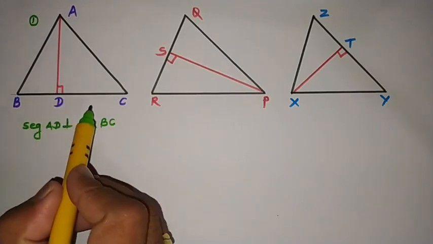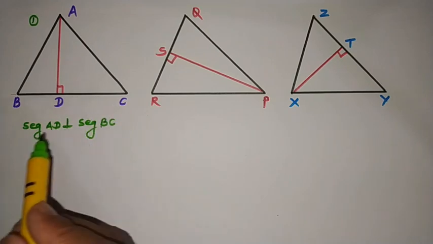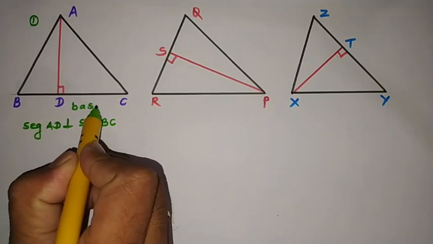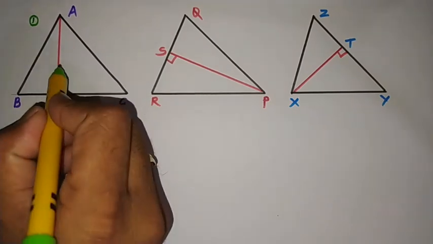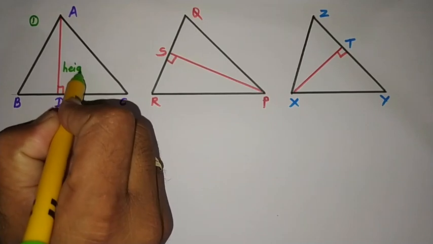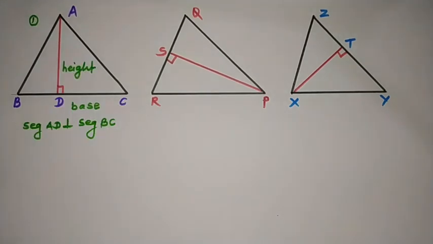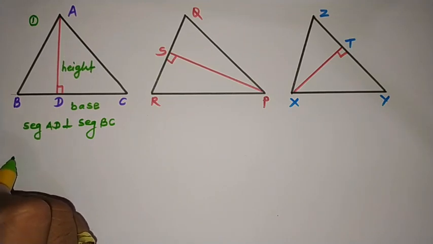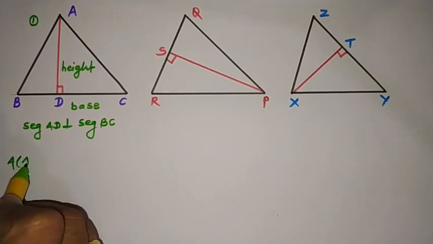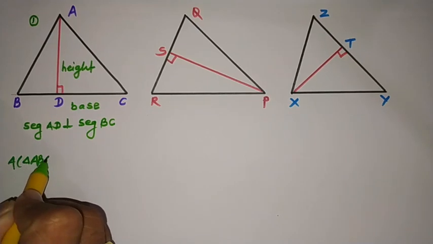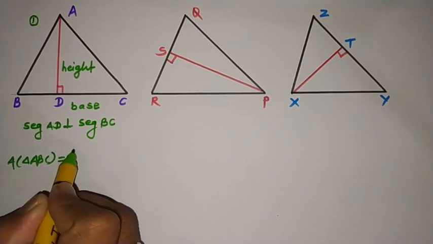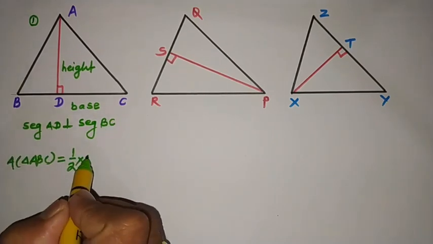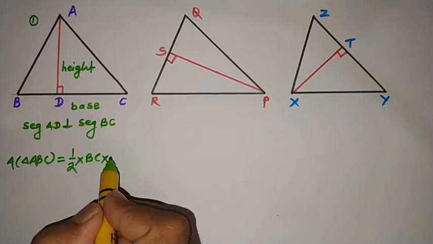Therefore segment BC is the base and the perpendicular segment AD is the height. Write down the area of this triangle. Area of triangle ABC is equal to 1/2, here the base is BC and height is AD.